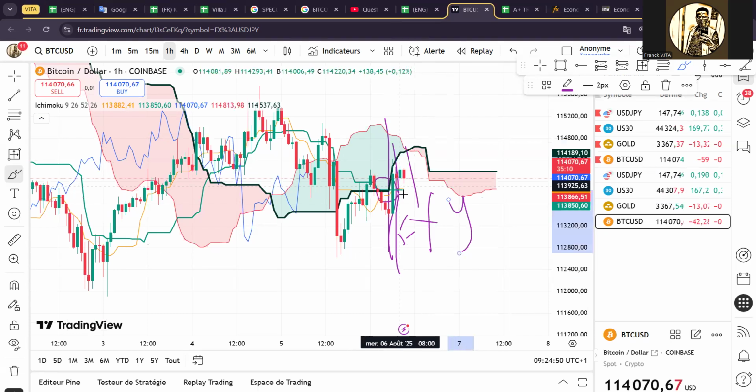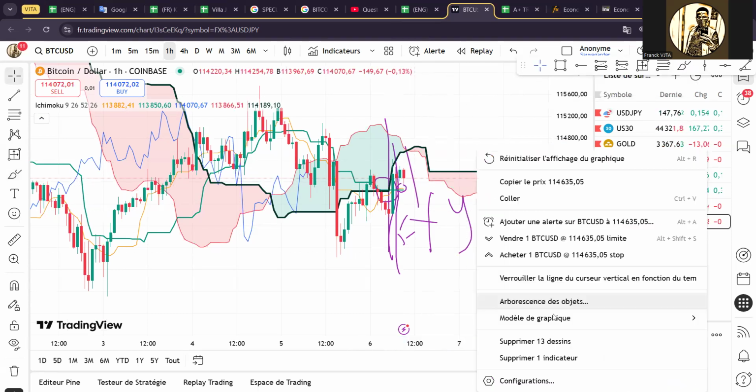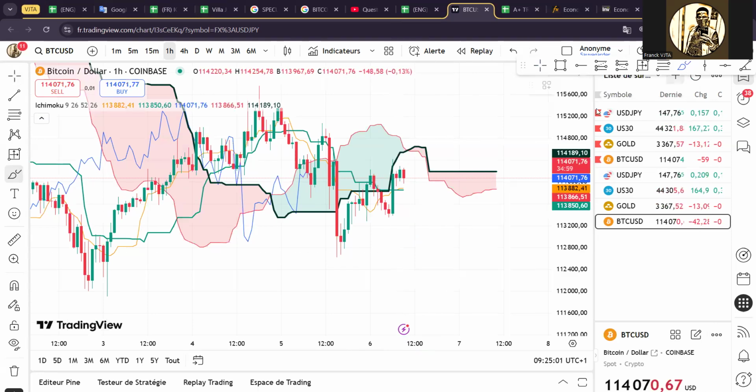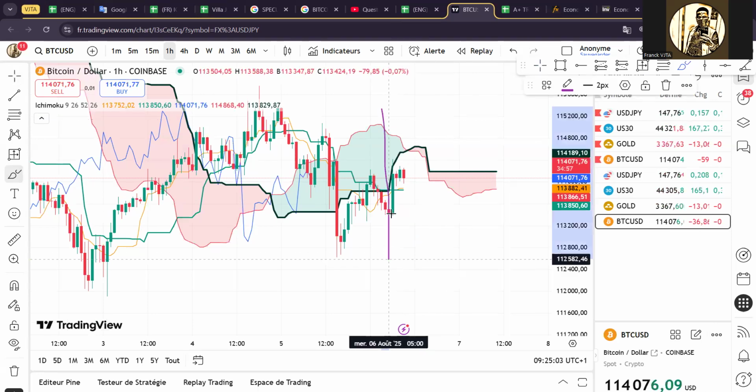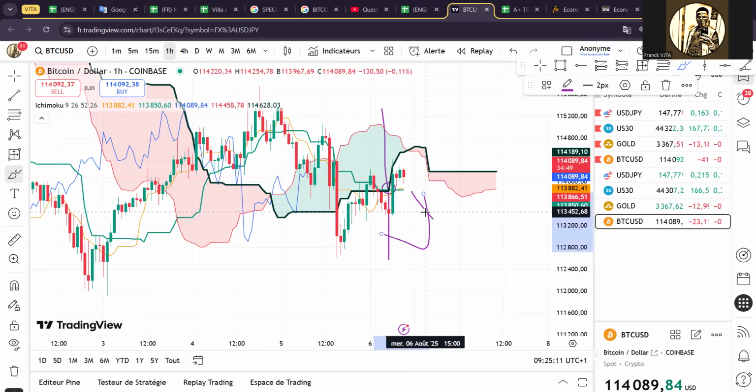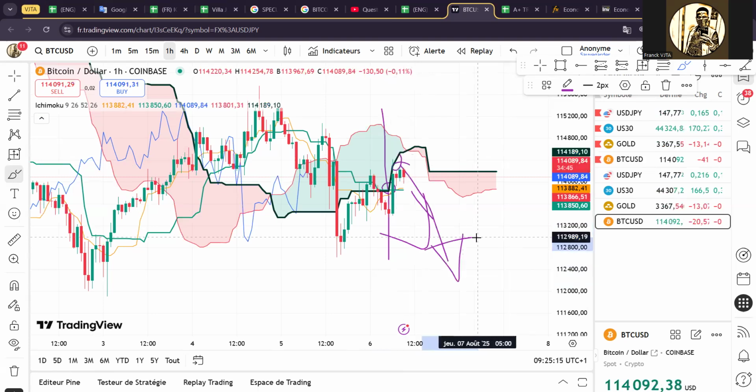And because Tenkan is also going on the other side of Kijun, normally it's old, but for this example, I'll call it young. It's too early to call it old, right? So yes, young. And this is the best example, the best entry to sell KSB at this setup.